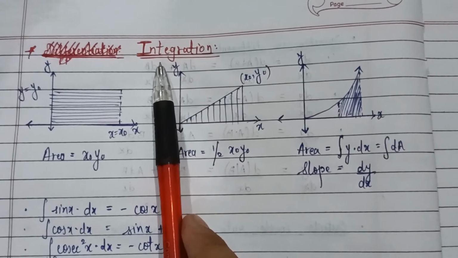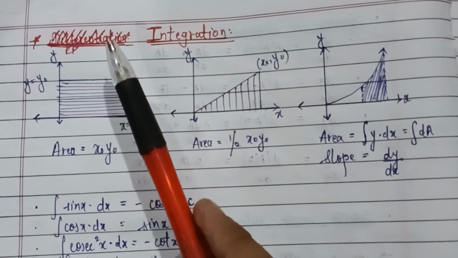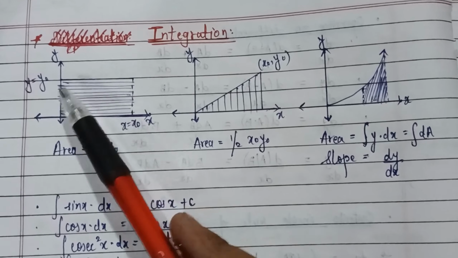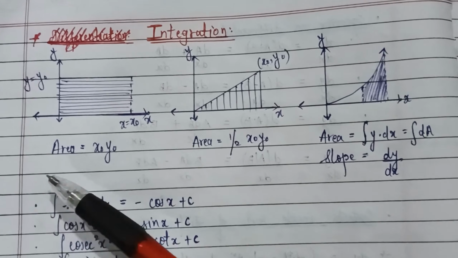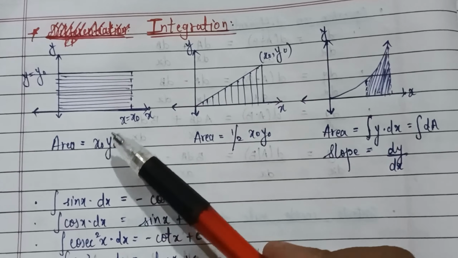Now let's learn about integration. Integration means just adding of things. So from this graph we can integrate the area of this graph which results out to be x naught y naught. According to this graph, the integration of the area can be resulted as half of x naught y naught.